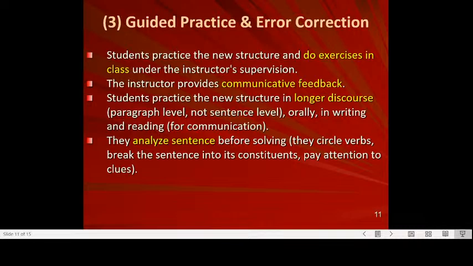Longer discourse means at the paragraph level, not sentence level, orally, in writing, and reading for communication. They analyze sentences before solving. They circle the verb, break the sentence into its constituents, verb, subject, object, pay attention to clues.